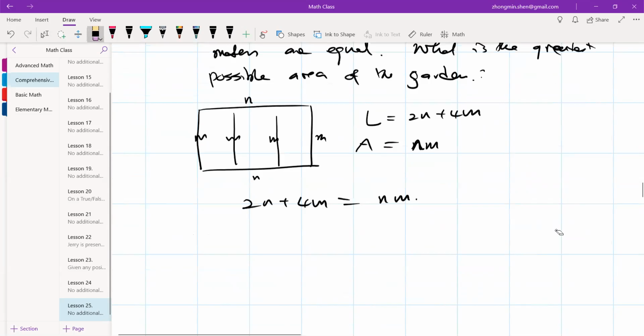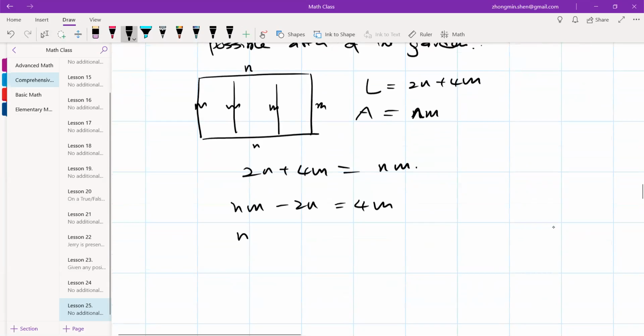The other way around: nm minus 2n equals 2m. So you get n times (m minus 2) equals 2m.